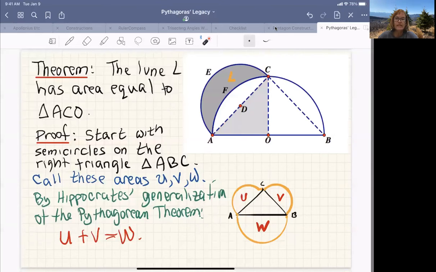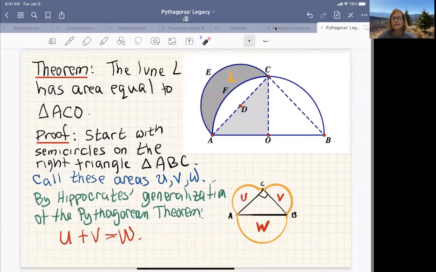We start with semicircles on the right triangle. Here's our right triangle right here. This is our right angle, and these other angles are 45 degrees.